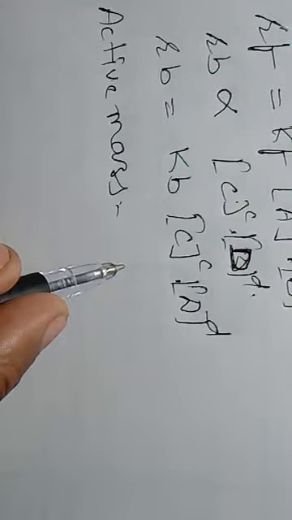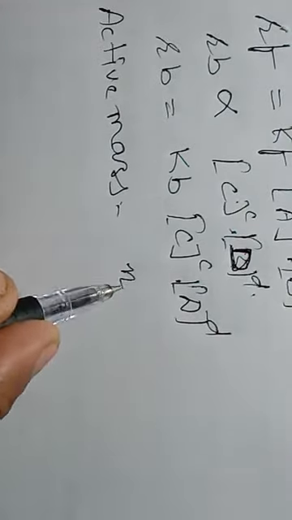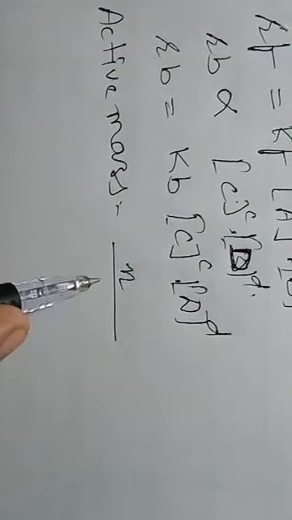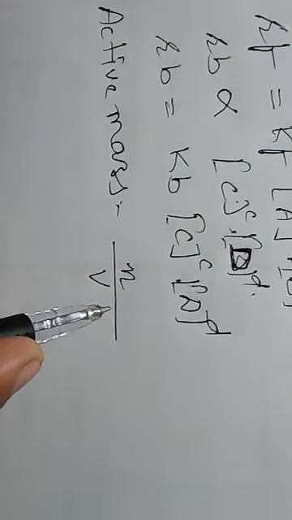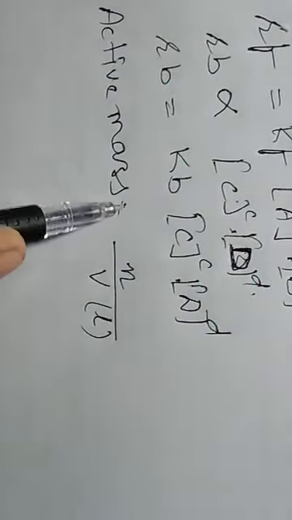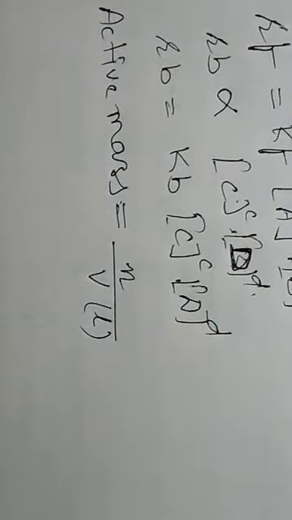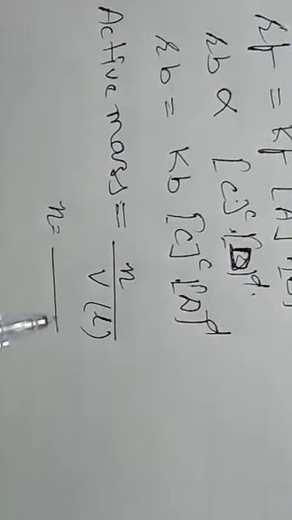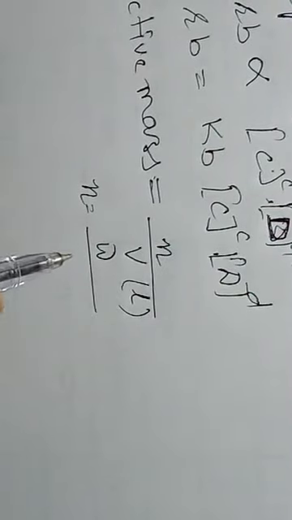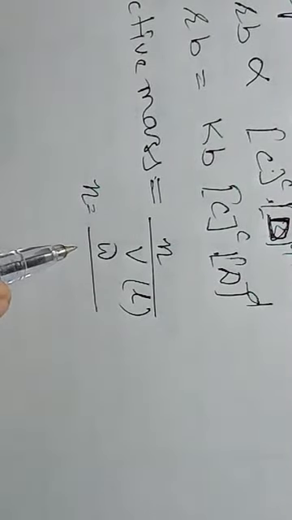So if the number of moles of any substance is n and the volume of the solution is V in liters, then the active mass of that substance will be equal to n upon V. And we know that the value of n equals the given mass of the substance divided by its molecular mass or atomic mass.